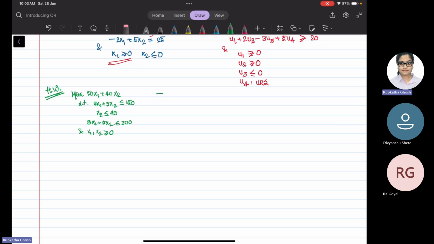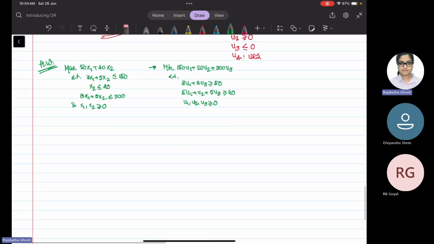So your corresponding dual would be minimize 150 u1 plus 20 u2 plus 300 u3, okay? Subject to 3 u1 plus 8 u3 greater than equal to 50, and 5 u1 plus u2 plus 5 u3 greater than equal to 40. u1, u2, u3 is greater than equal to 0.